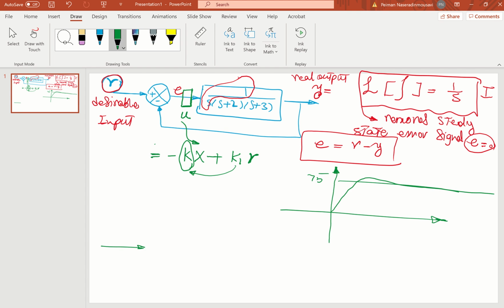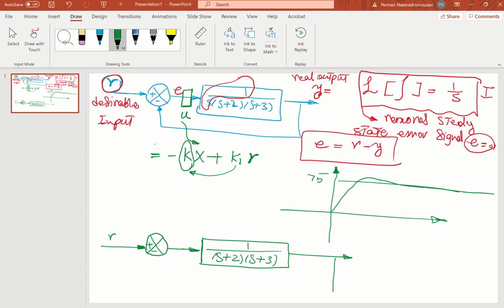Now let me try another example, because I'm going to teach you another controller, with plus minus R, the same R. This time suppose you have s plus 2, s plus 3. This is a second order system.